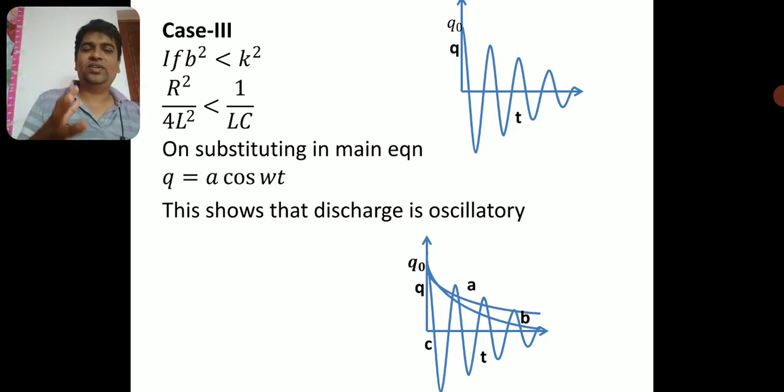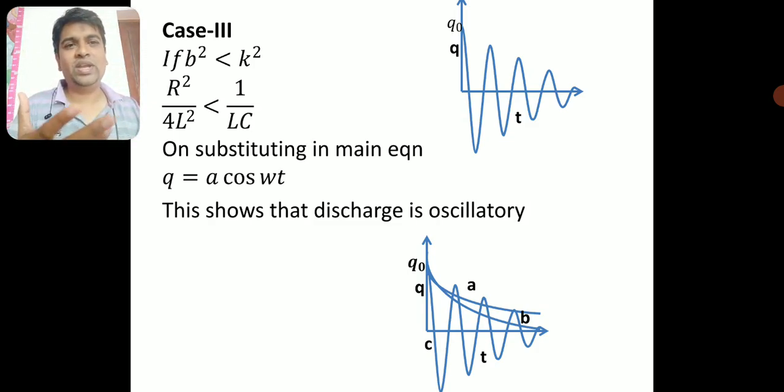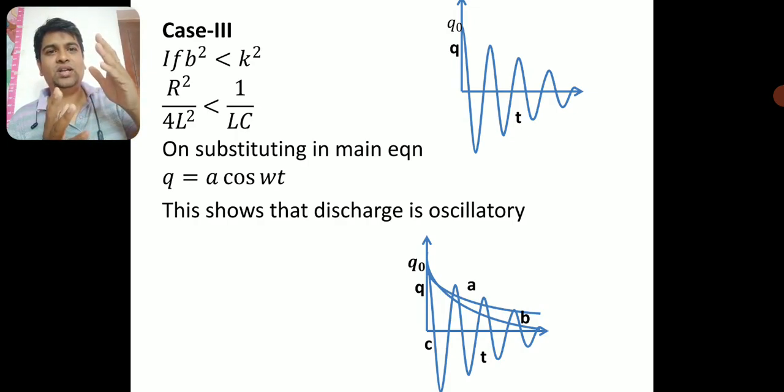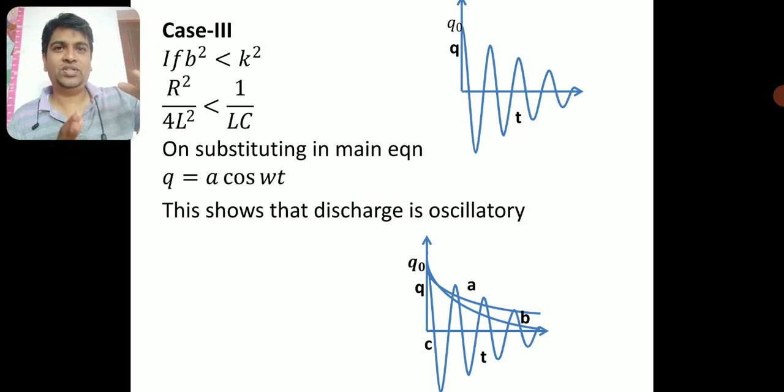If I want to show all these three cases in one single graph, look at the last graph in the bottom right corner, where I have mentioned all the three cases. In case A, the charge decreases slowly but exponentially. In graph B, the charge decreases fast but exponentially.